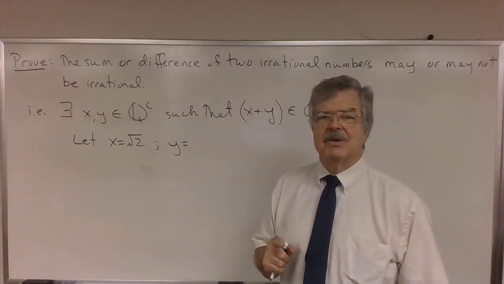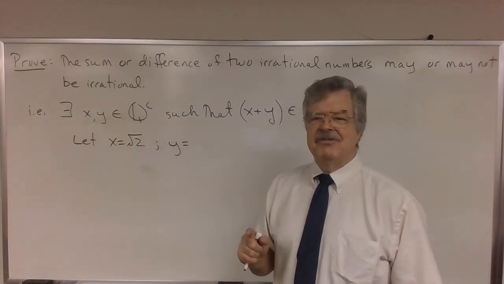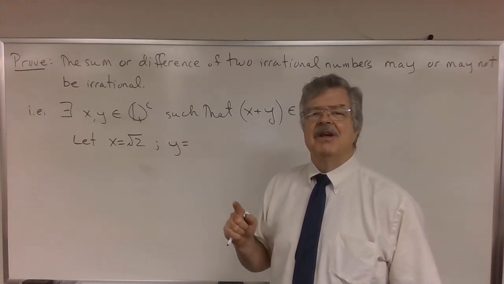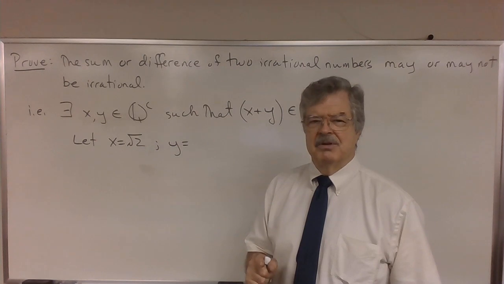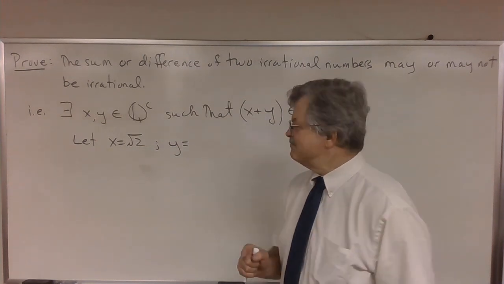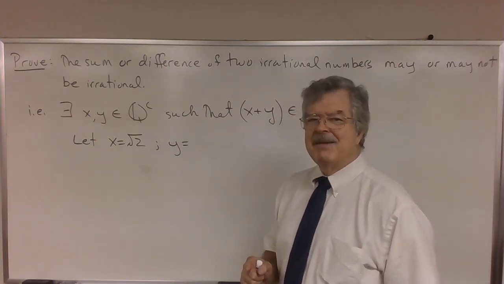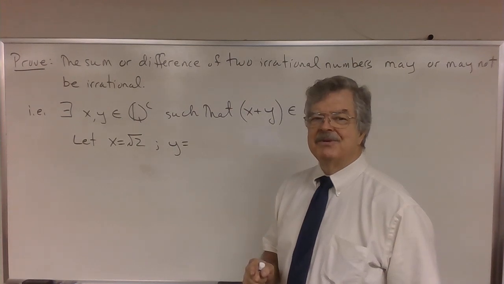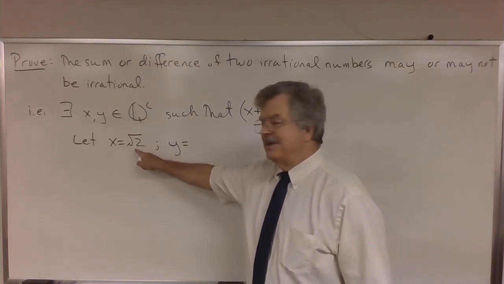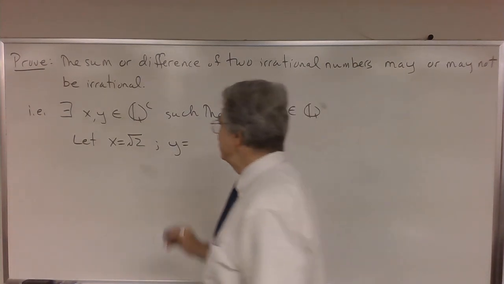What would be the easiest, sneakiest, low-down trick we can pull here? Maybe make y equal to negative square root of 2.